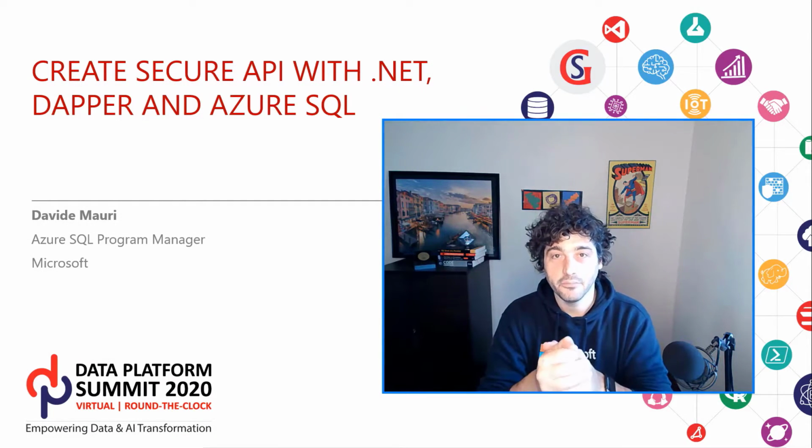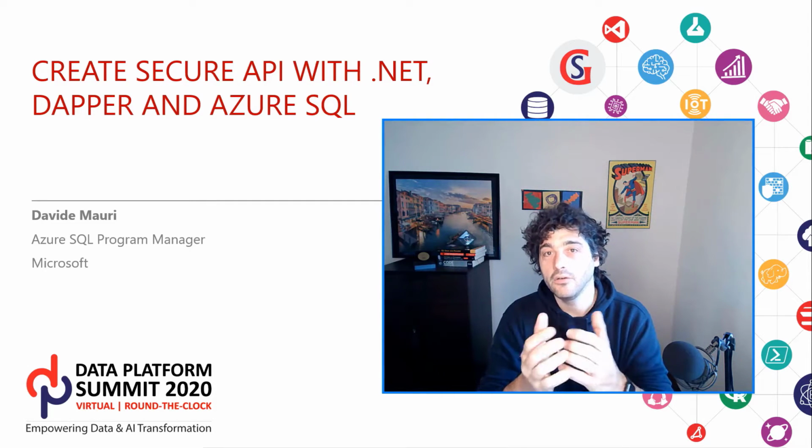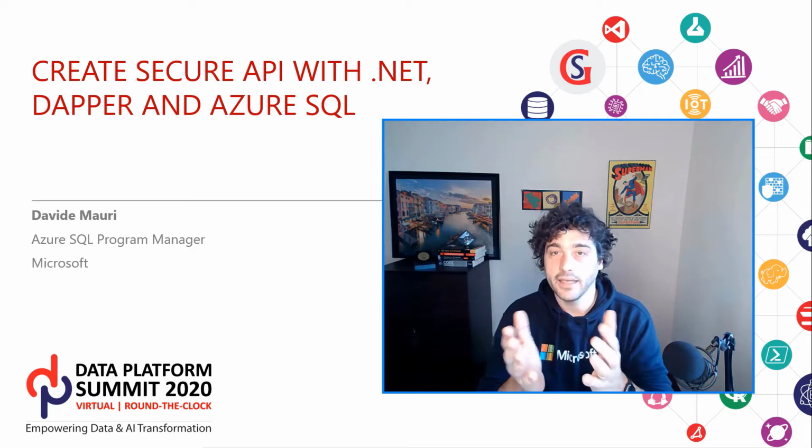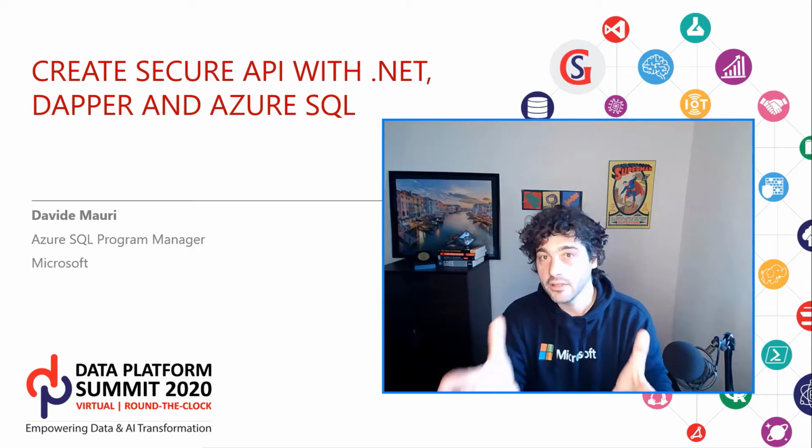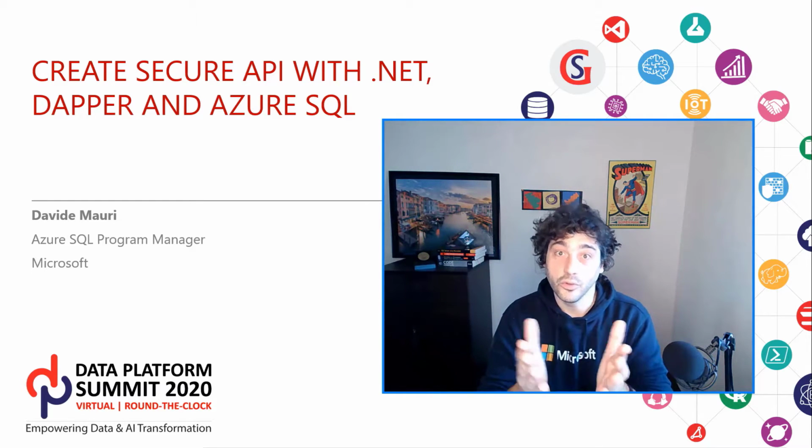I'm Davide Mauri, Program Manager in the Azure SQL team, and today I would like to discuss with you how we can create a .NET Backend API using Azure SQL, Dapper and other cool features that Azure SQL gives us. And to make everything more realistic and close to what happens in the real world, we also have some twists during coding.